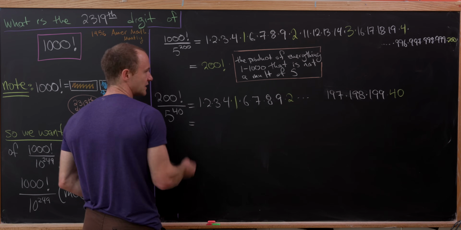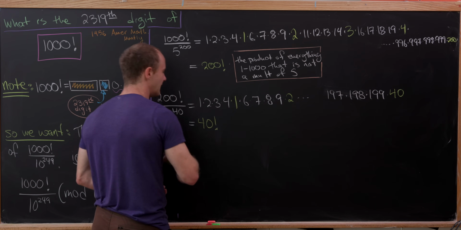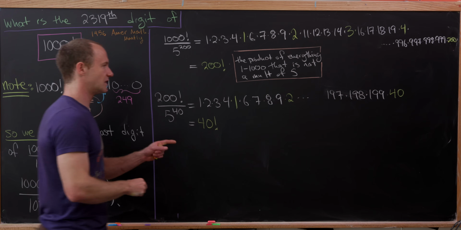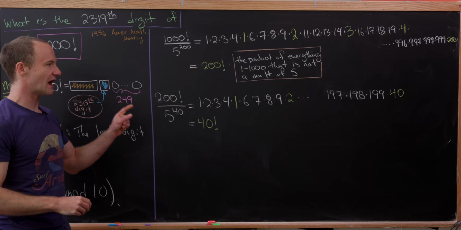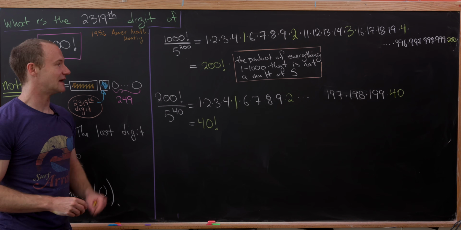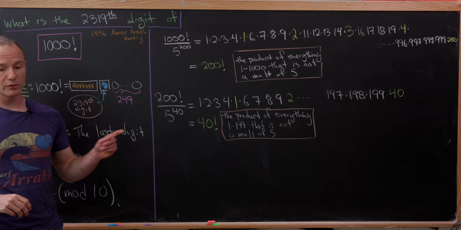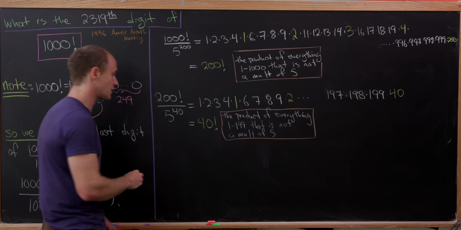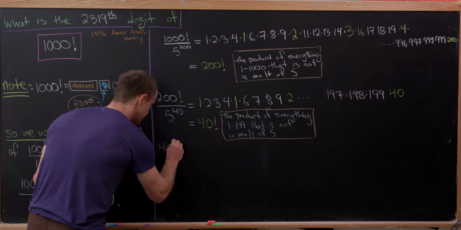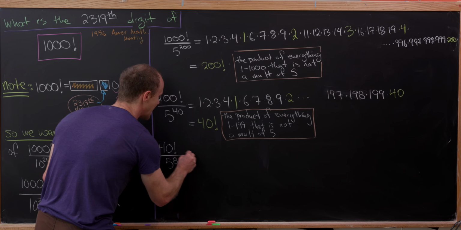Great. So now let's see what we get from that. So that's going to leave us with, well, we've got a 40 factorial. And then after taking all of those yellow numbers out, notice we've got a product of everything between 1 and 199 that's not a multiple of 5. So let's get that on the board. Great. And now we're going to play the game again with the number 40 factorial. So let's take 40 factorial, and we're going to divide 5 to the 8 out of it.